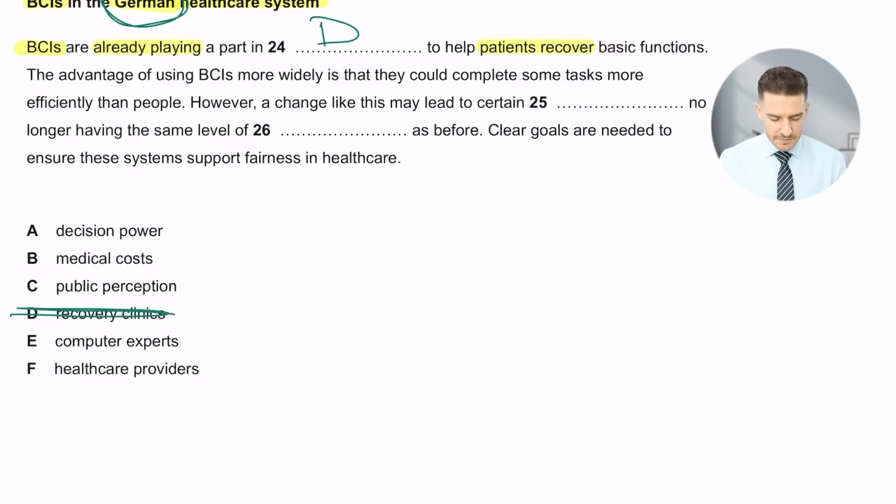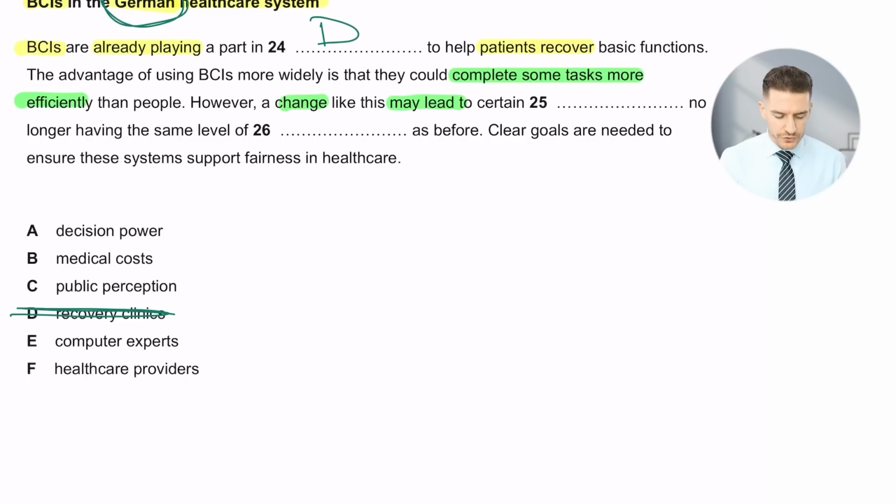Now let's keep reading. The advantage of using BCIs could complete some tasks more efficiently. Fair enough. However, a change like this may lead to, okay, so we're looking for the effect. Certain something no longer having the same level of.